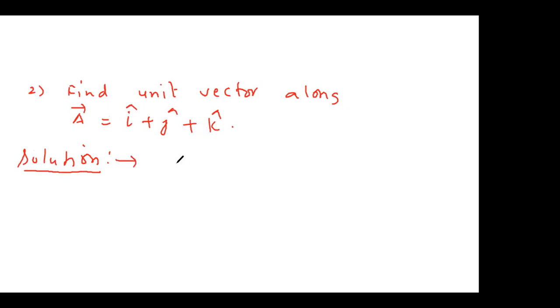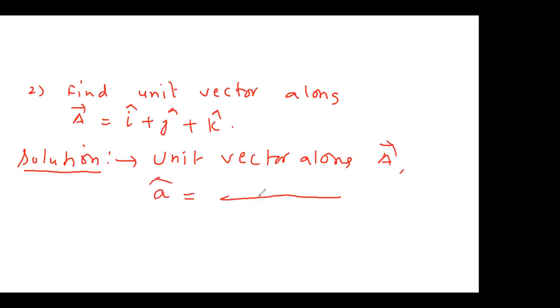Question written? Now, the unit vector along A bar, I can denote it by A cap equals to. What will be the formula for unit vector? It is vector upon its magnitude, correct? Like vector A divided by A will give you the unit vector.